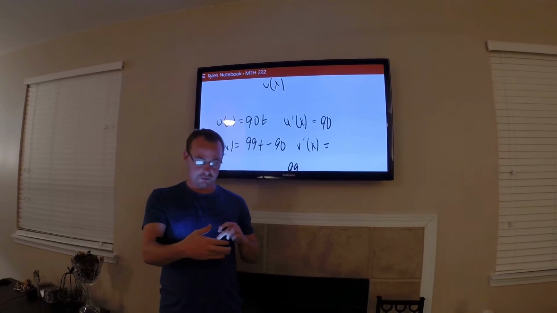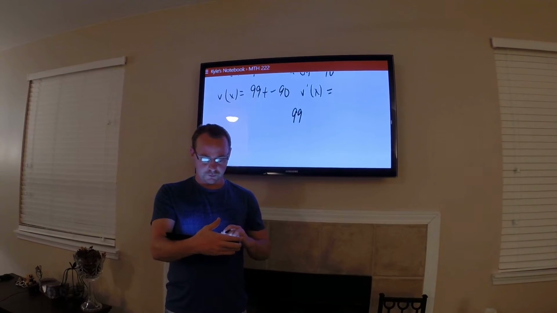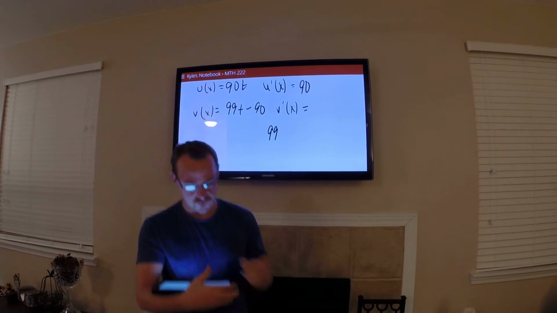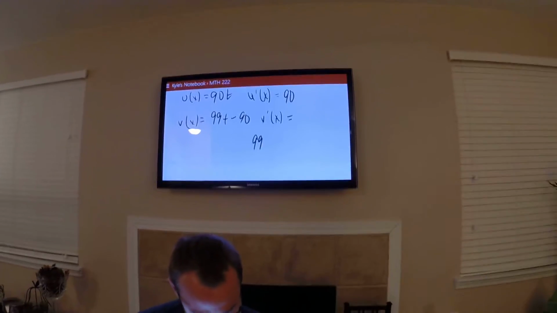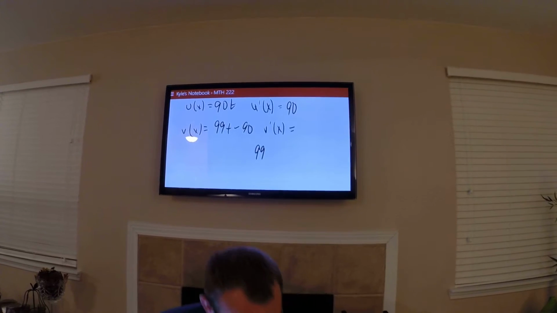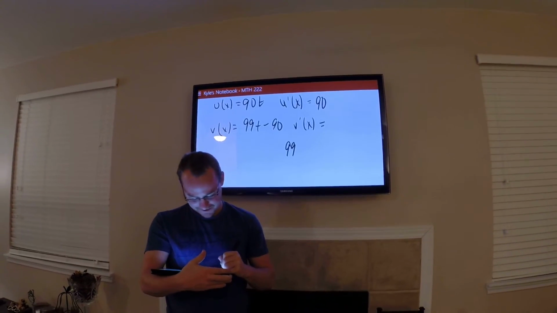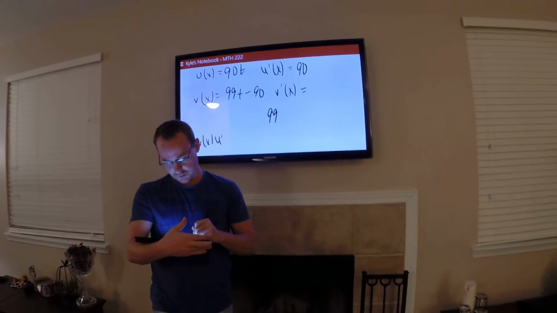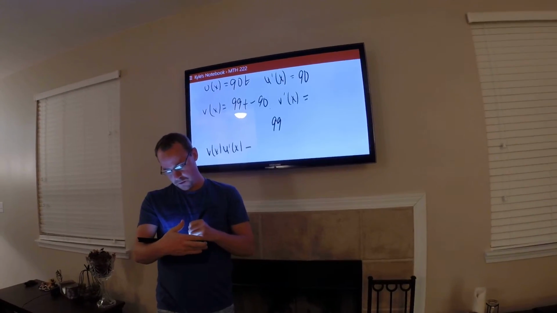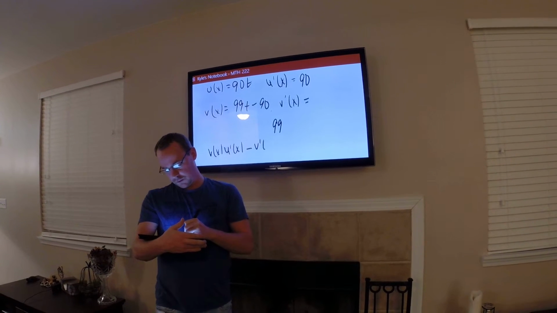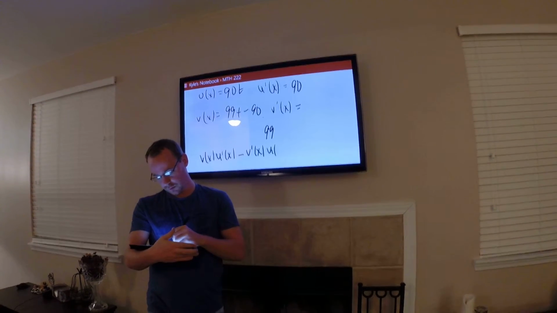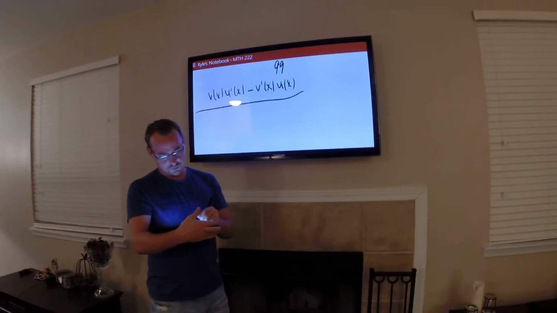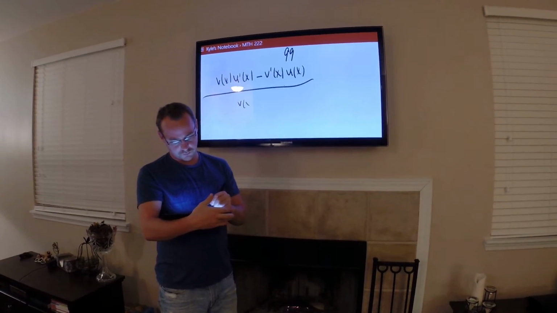So we'll plug this into the quotient formula, which is given as v of x times the derivative of u of x, minus the derivative of v of x times u of x, all over v of x squared.